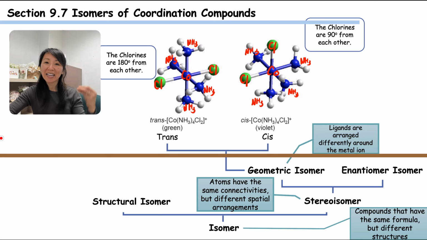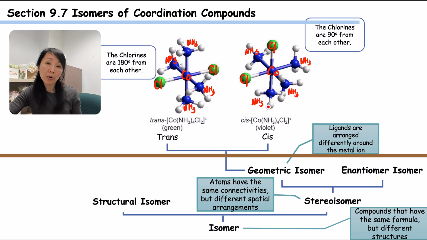Okay, so let's look at the chlorine. There are two of them within one coordination compound, and you see that there's chlorine on one side, and at 180 degrees on the opposite end is another chlorine. Something like this we consider to be a trans geometric isomer, whereas chlorines that are 90 degrees from each other, we refer to as cis.